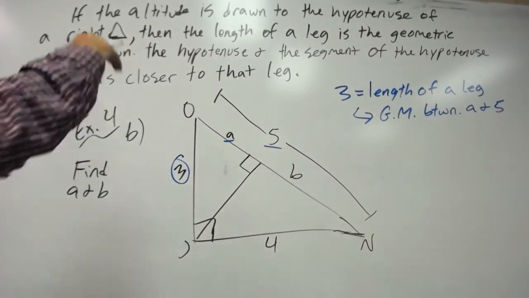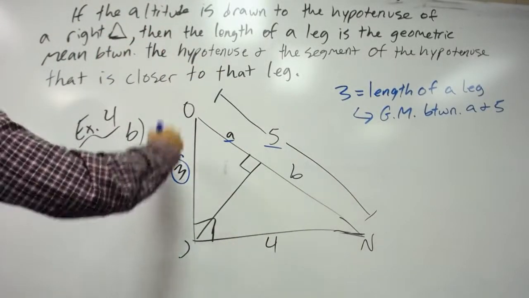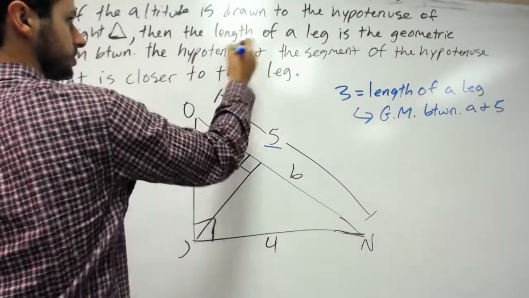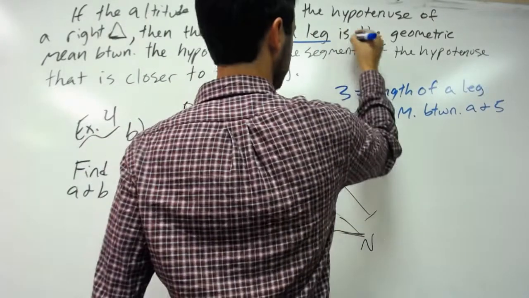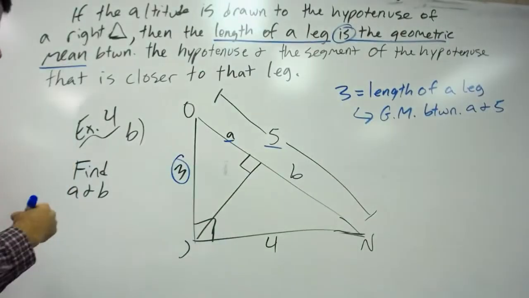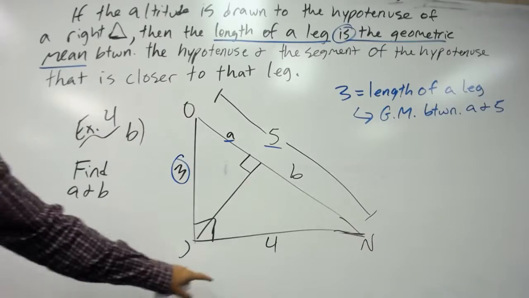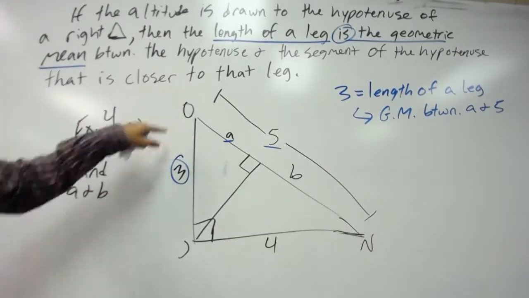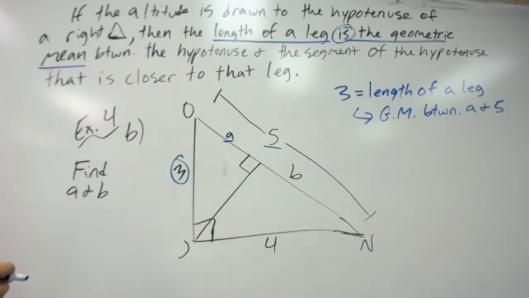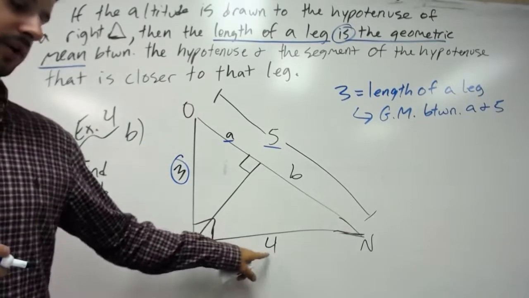What it states here is the length of a leg is a geometric mean. Length of a leg is geometric mean first. So I circled one leg. We're looking at this overall triangle here, triangle OJN. Its legs are OJ being 3 and JN being 4.